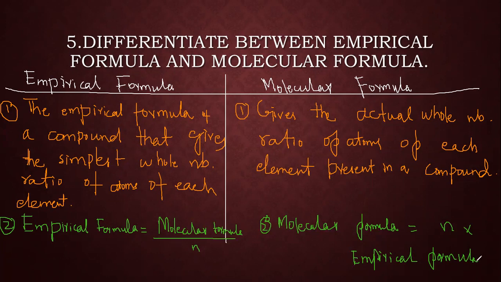Now, the empirical formula is used for both molecular and ionic compounds, while the molecular formula is used only for molecular compounds.